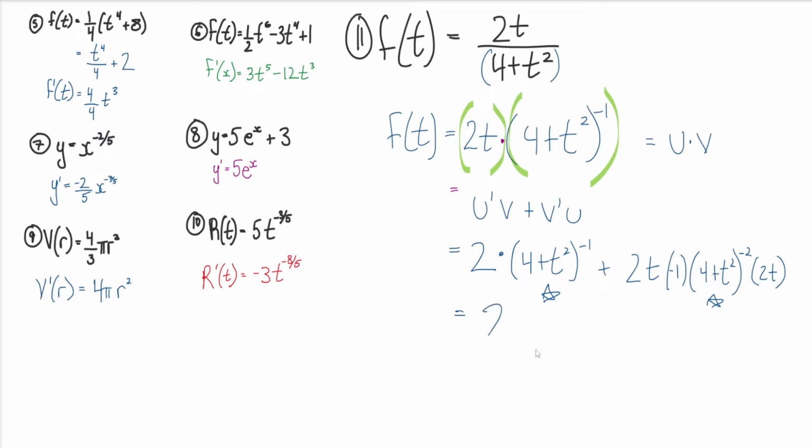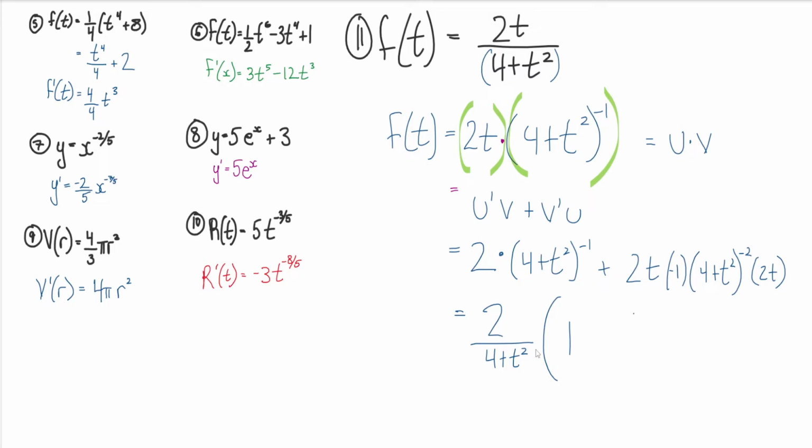Let's say 2 over 4 plus t squared. That's what this term is, this whole term. And in fact, that is found in this one as well. So let's just say 1 plus, and what happens when I factor it out of this one? That one of those goes away and the 2 goes away, right? So what are we left with?